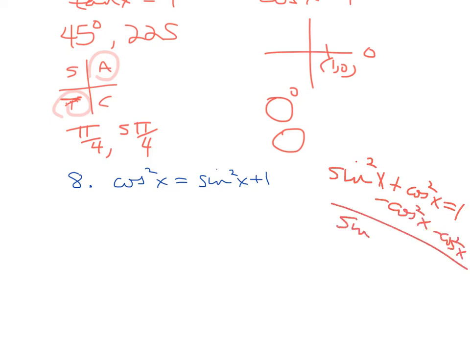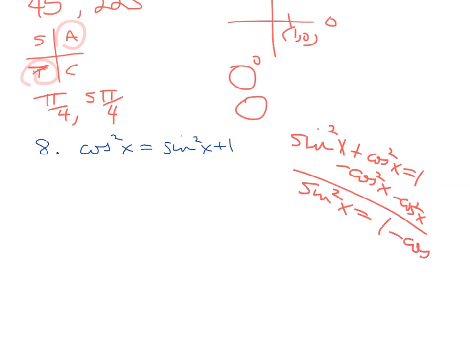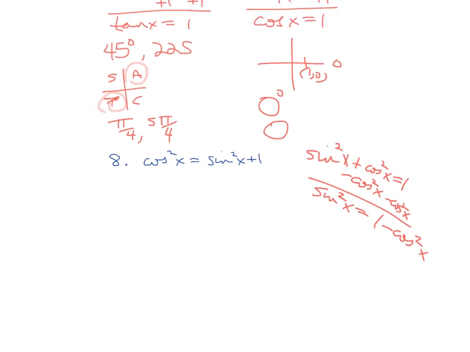And sine squared x equals 1 minus cosine squared x. So in this case, I'm going to replace sine squared with this. Cosine squared x, that side stays the same. Replace the sine squared with 1 minus cosine squared x and keep the plus 1.